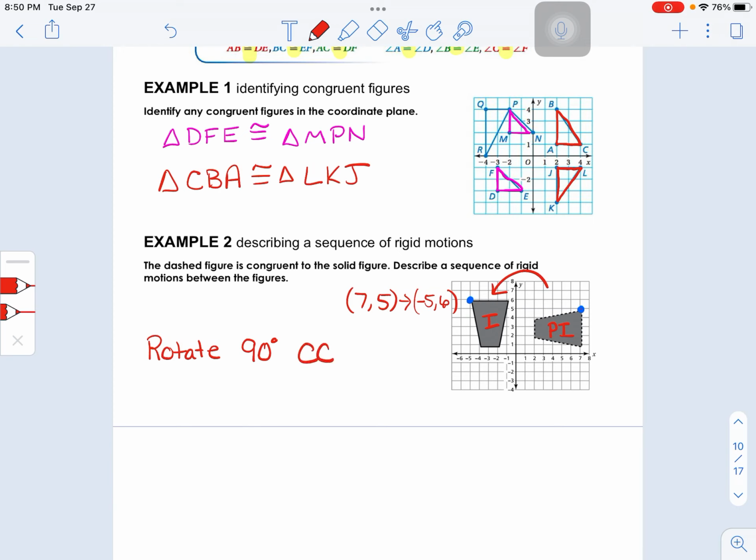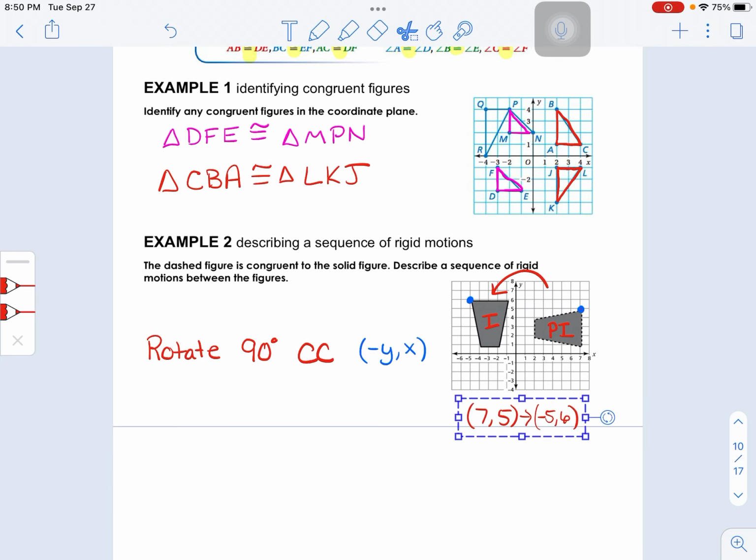Okay. The rule for rotating counterclockwise would be (negative y, x). All right, I'm going to move this piece down here. So if I actually applied that rule that I just came up with, and I started at 7, 5, and I applied the rule (negative y, x), that would put me at negative 5, 7.